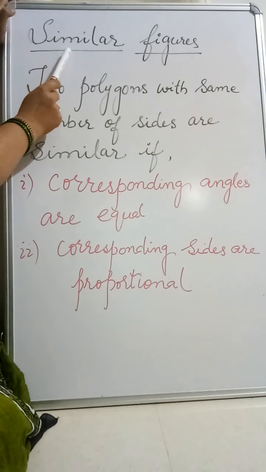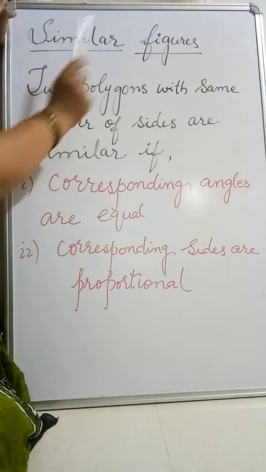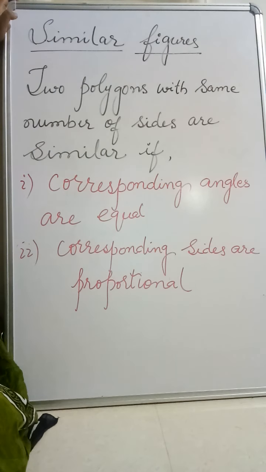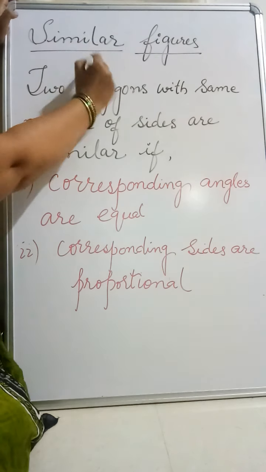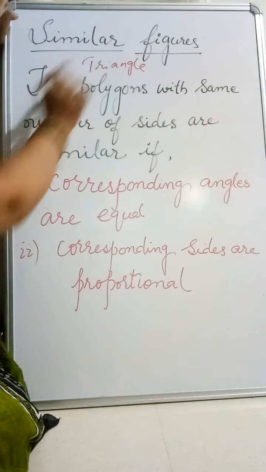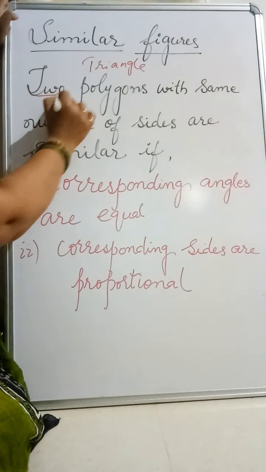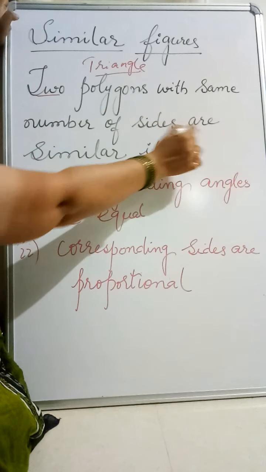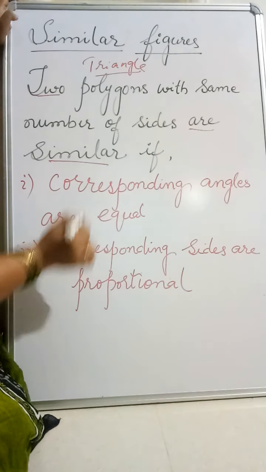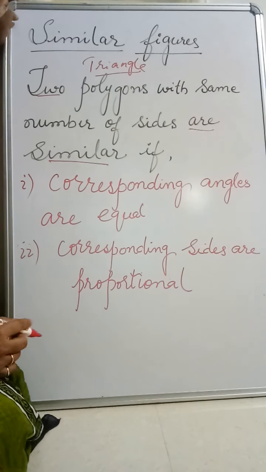So, we can say, what are similar triangles? What is the polygon here? It's a triangle now. Two triangles are similar if the corresponding angles are equal and corresponding sides are proportional.